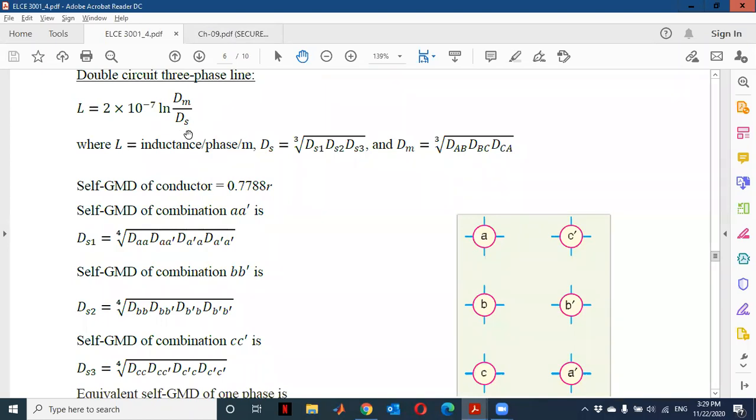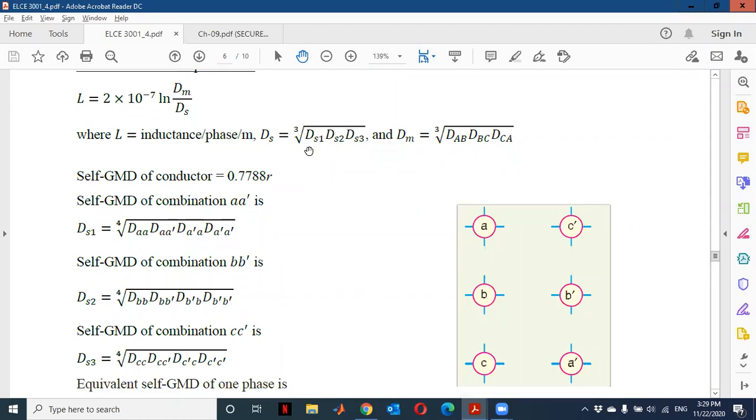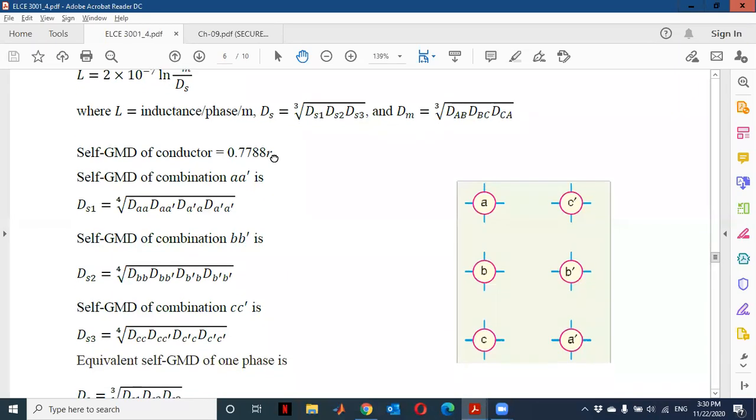Now, what is dm and what is ds? ds is the cubic root of ds1, ds2, ds3. dm is the cubic root of dab, dbc, dca. ds is called self GMD, which for each one of them is 0.7788 R.